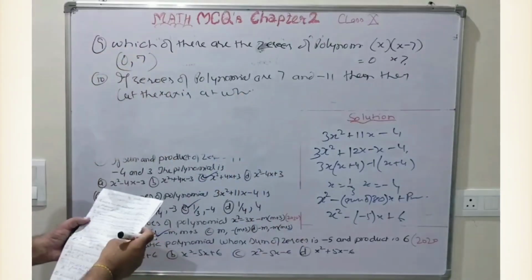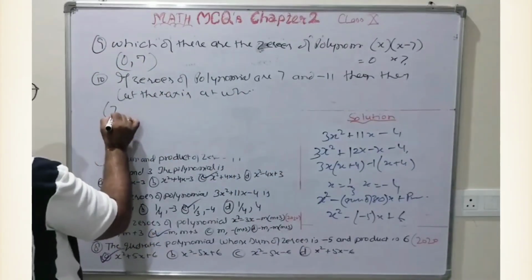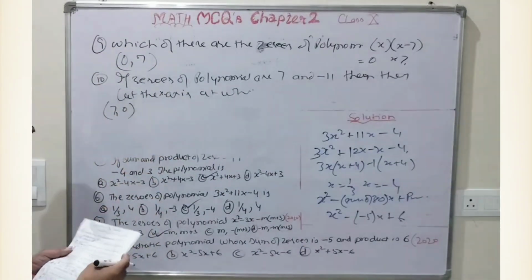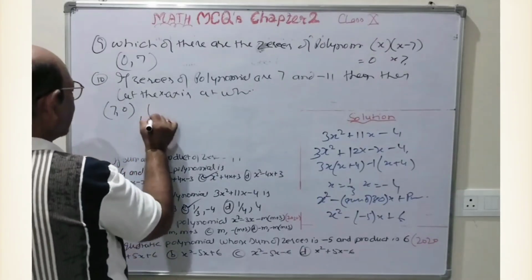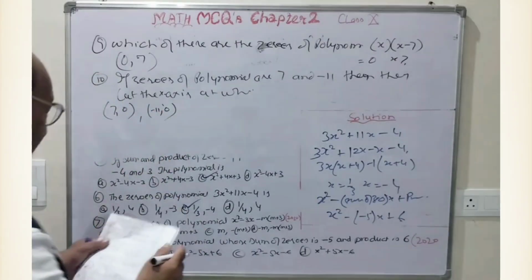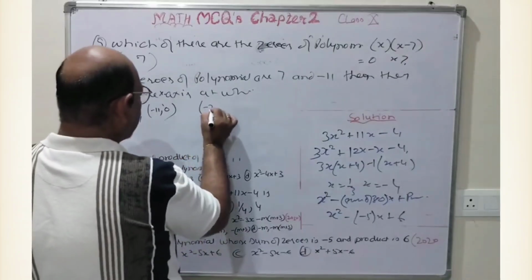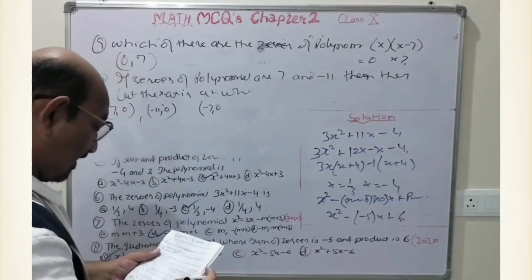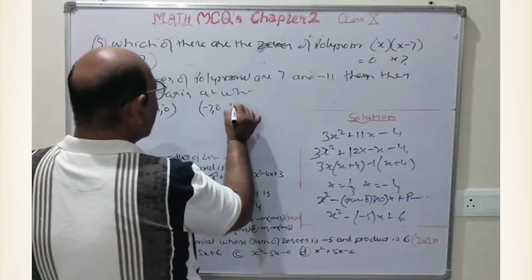So the options are (7, 0) and (minus 11, 0). Second is (minus 7, 0) and (11, 0) and so on.